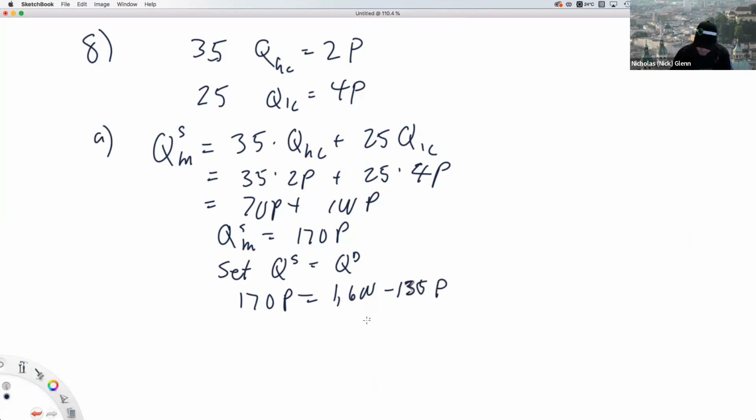All right, so if we add 135P to both sides, we get 305P equals 1,600. And if we divide by 305 on both sides, 1,600 divided by 305 is 5.25.